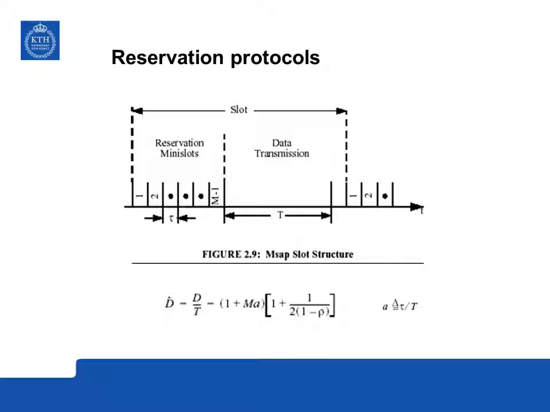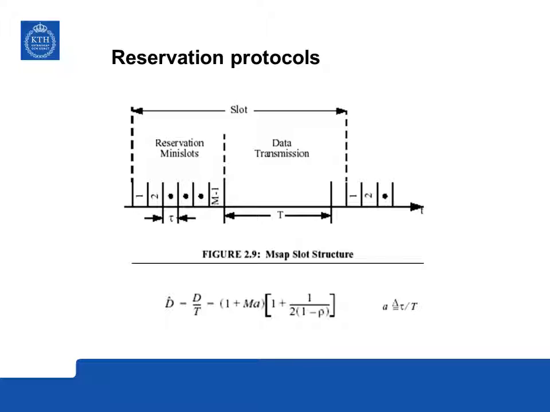And the result will be that we achieve a delay that is basically the perfect scheduling, meaning that we have only one user, and we modify this expression by this term 1 plus MA. A is the duration of the reservation mini slots.